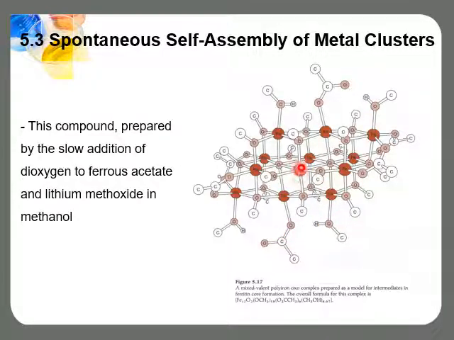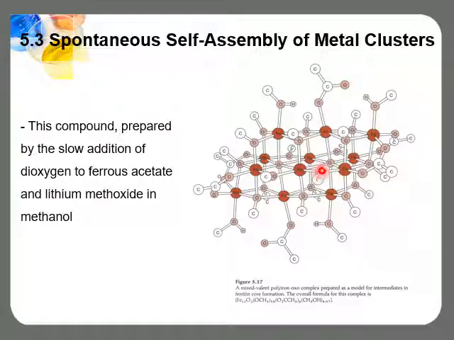Here, now one iron is coordinated by 6 oxygens. For example, here there are oxygens, here oxygens, oxygen, oxygen, oxygen. Some oxygens are bridging ligands. For example, here this oxygen is bridging 6 irons.